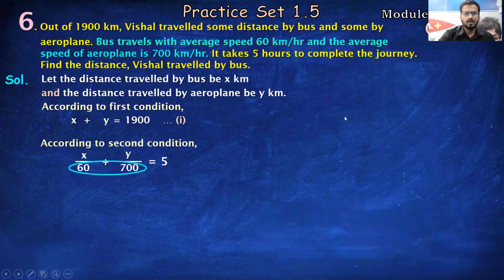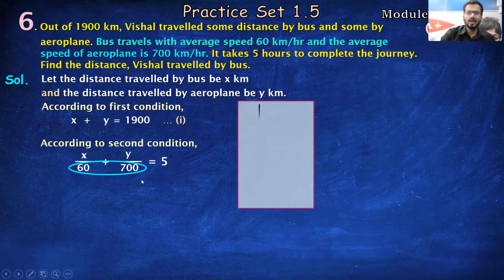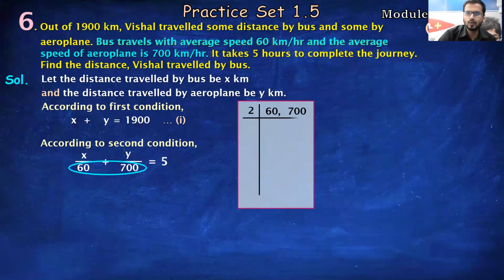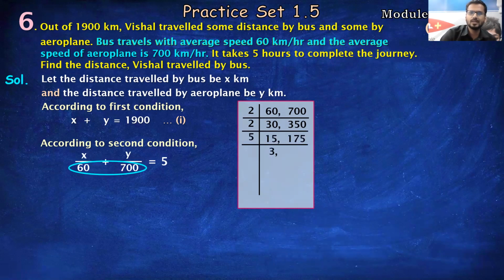Now in this case, if you observe, the denominators are not the same. So we have to go for the LCM first of all. 60 comma 700. 2 30s are 60, 2 350s are 700, then 2 15s are 30, 175 stays, 5 3s are 15, 5 35s are 175, 3 we will keep as it is, and 5 7s are 35, 3 1s are 3, and 7 1s are 7.